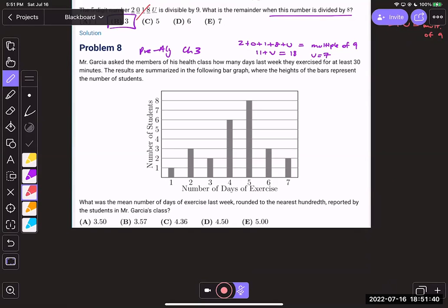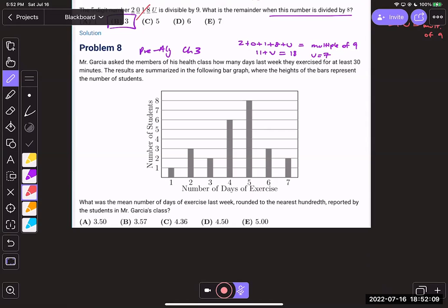Any ideas on what we need to do here? Stella? I would just add up the total number of days of exercise and then divide it by the number of students.